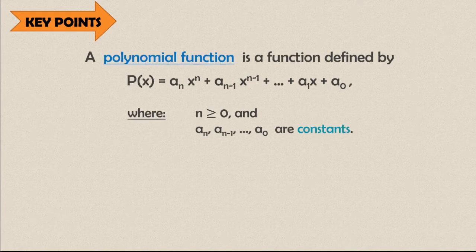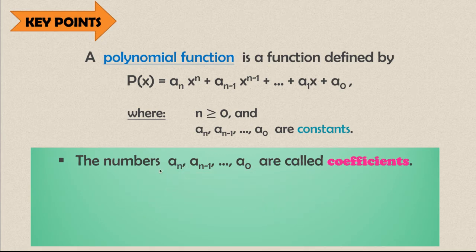A polynomial function is a function defined by p of x equals a sub n x raised to n plus a sub n minus 1 times x raised to n minus 1 plus so on and so forth plus a sub 1 x plus a sub 0, where n is greater than or equal to 0, and a sub n, a sub n minus 1, and so on up to a sub 0 are constants or numbers.